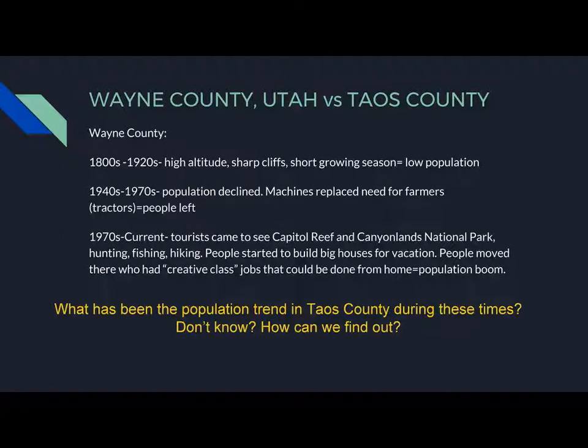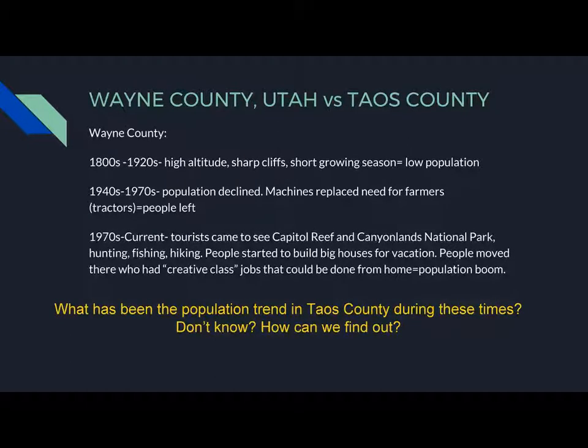And then, starting in the global era, you started to see this big boom where all of a sudden it was considered beautiful, and they wanted to come to Capitol Reef and Canyonlands National Park, which, if any of you have ever been, it's just exquisitely gorgeous and interesting. And people came to hunt and fish and hike and camp. And they started to build vacation houses.